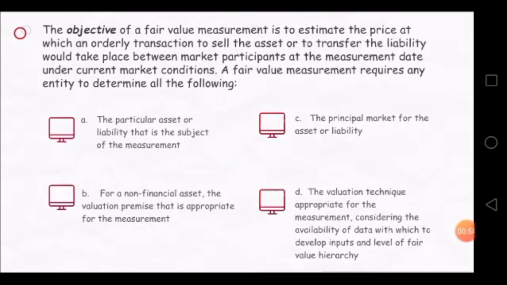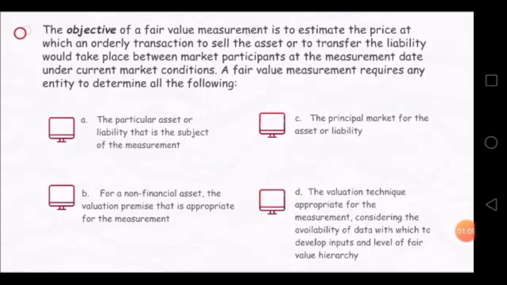The objective of a fair value measurement is to estimate the price at which an orderly transaction to sell the asset or to transfer the liability would take place between market participants at the measurement date under current market conditions.